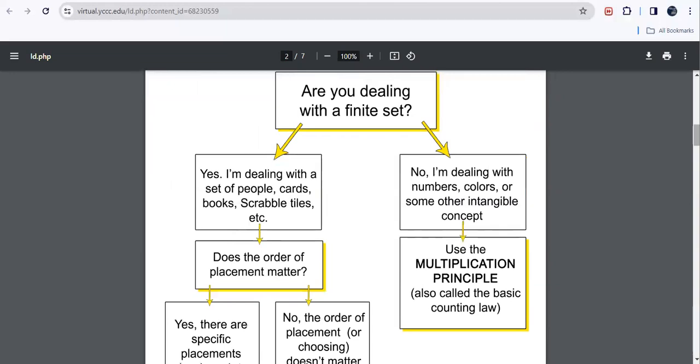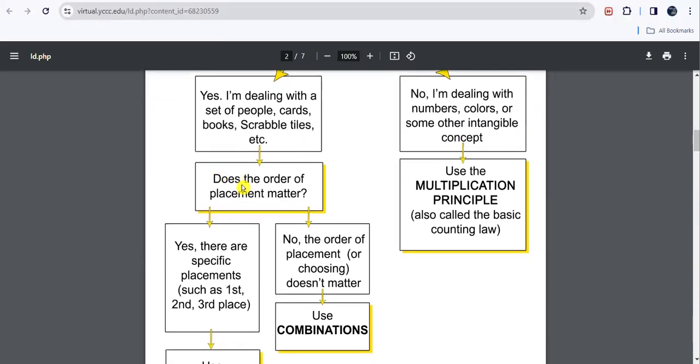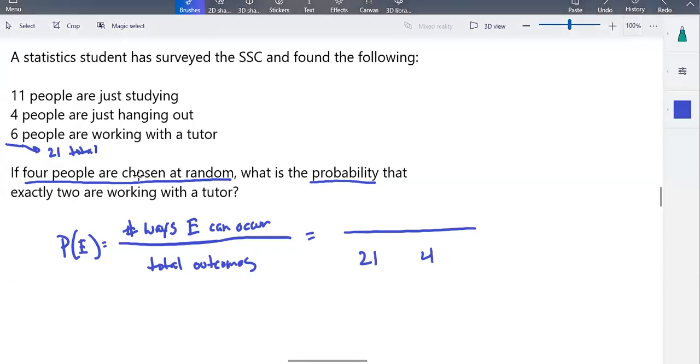So I'm going to go over here to the left side of the chart. Does the order of placement matter? Now, if I reread my question, it says 4 people are chosen at random. What's the probability that exactly 2 are working with a tutor? There's no mention here about order. There's no first place, second place, third place. There's no president, vice president.